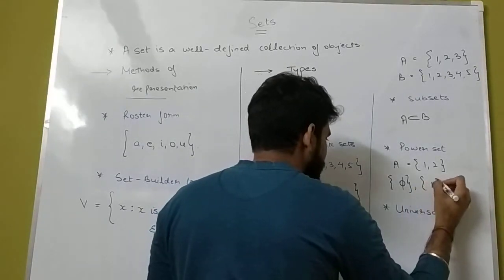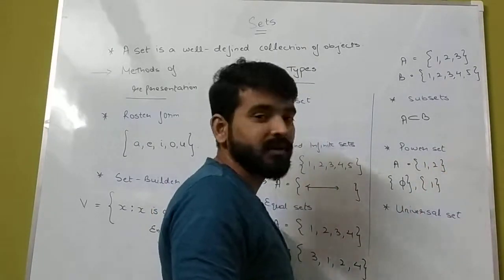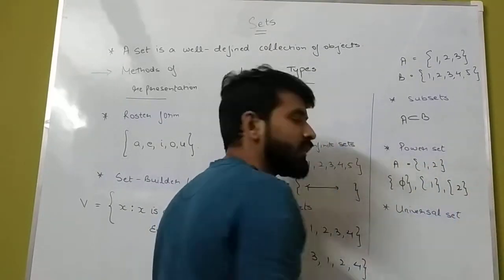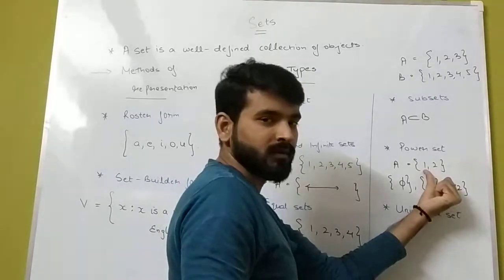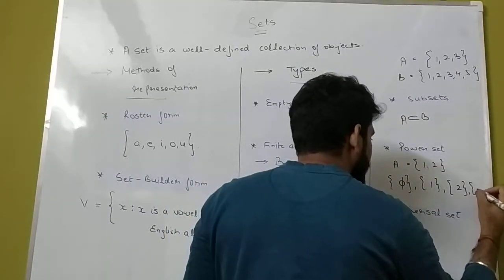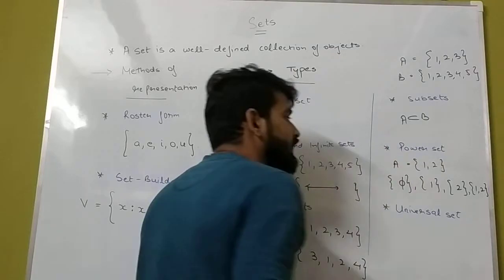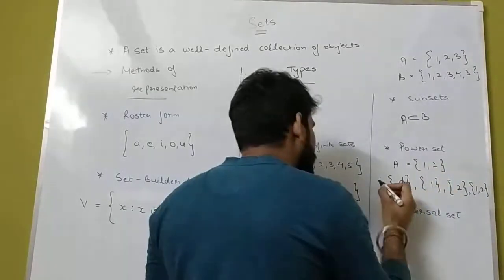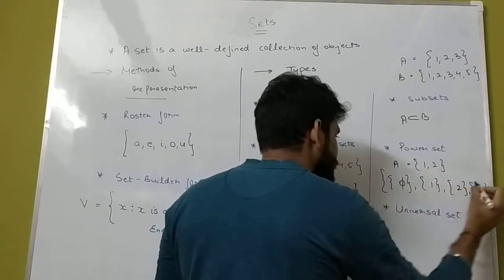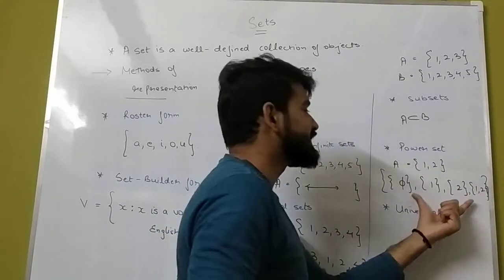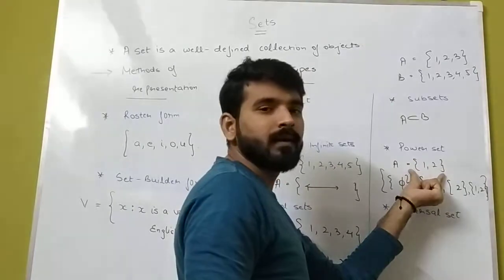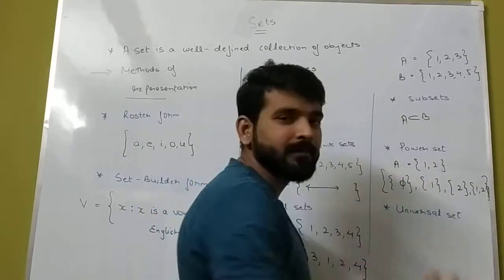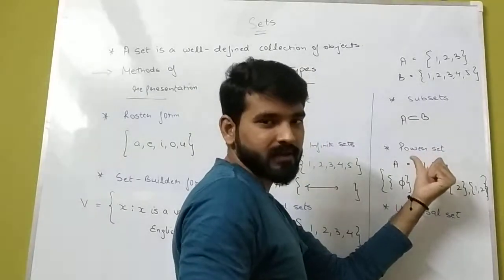Second we have, let's say, 1, which is again a subset of A. We have only 2, again a subset of A. Then we can say 1, 2, which is also a subset of A. Now the set of all these subsets is known as the power set. So the power set is the set of all the subsets.